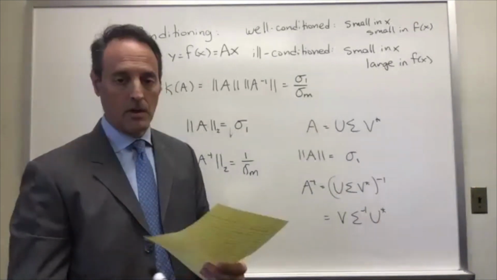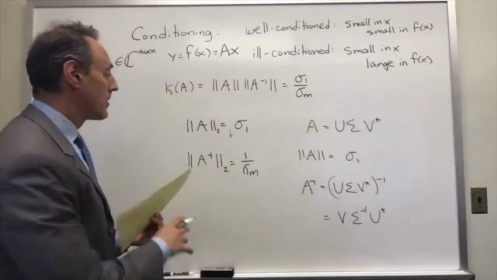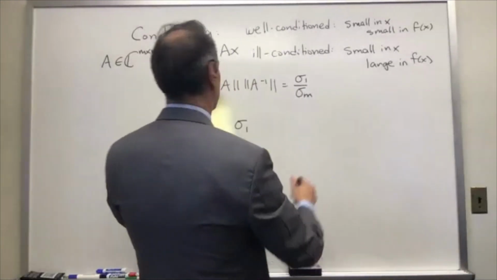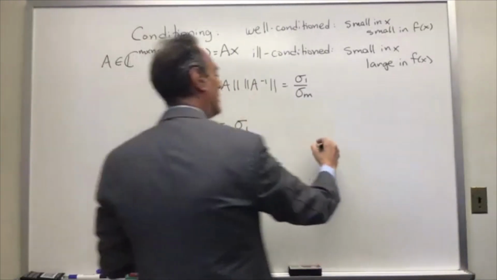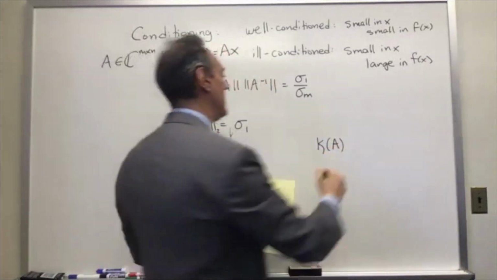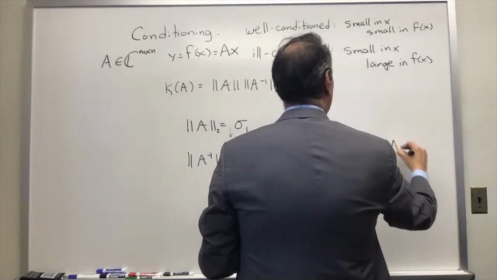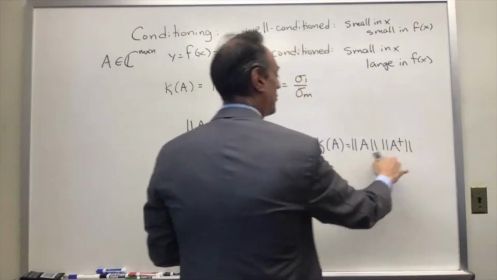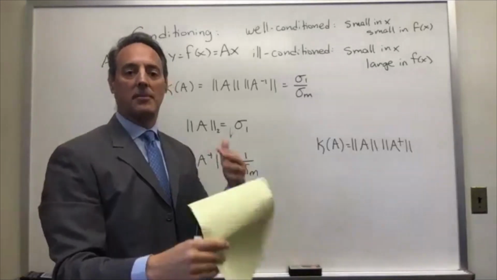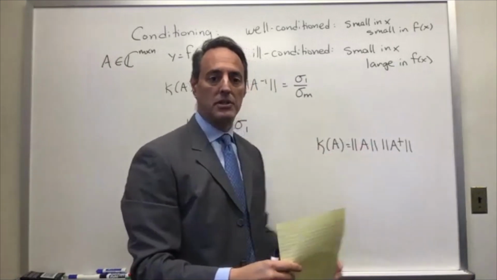By the way, if A isn't square, then the condition number changes slightly. Instead of being defined by this inverse, the condition number for a generic m by n matrix is equal to the norm of A times the norm of the pseudo inverse of A. The pseudo inverse is sort of the least squares inverse of the matrix A for non-square matrices.